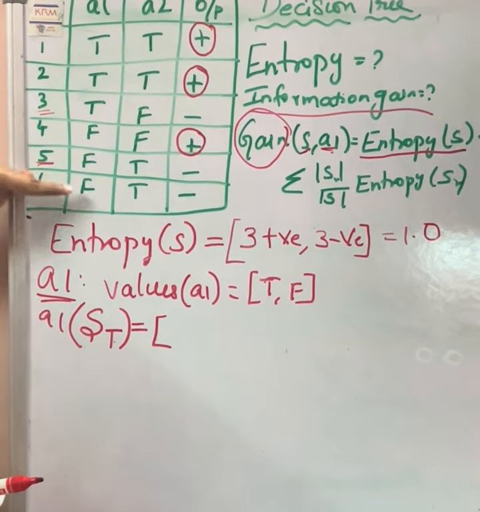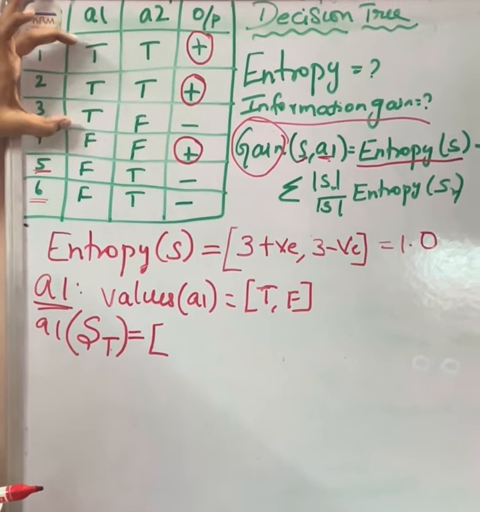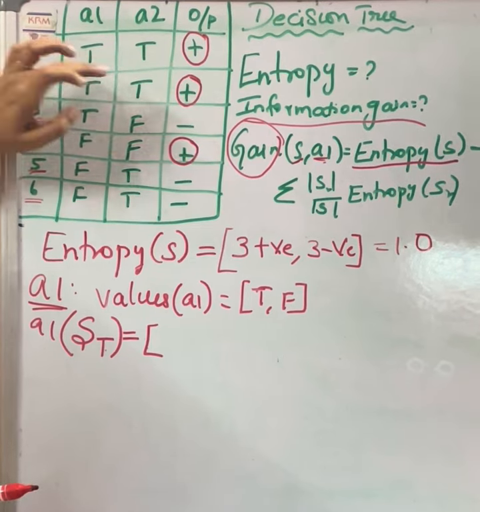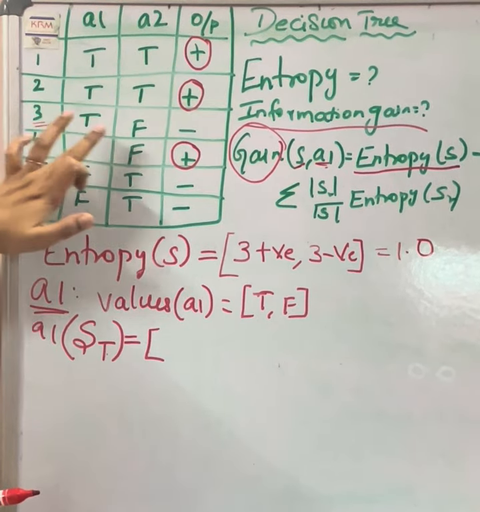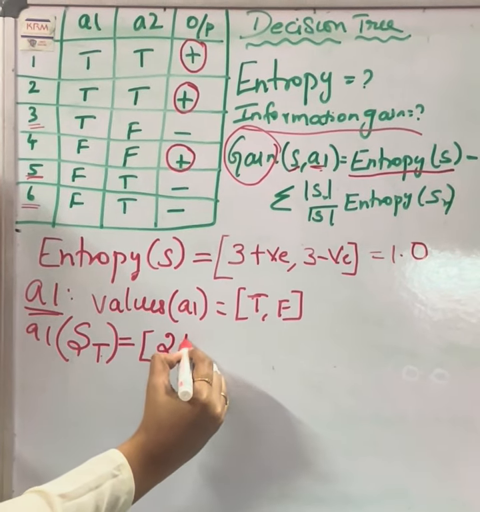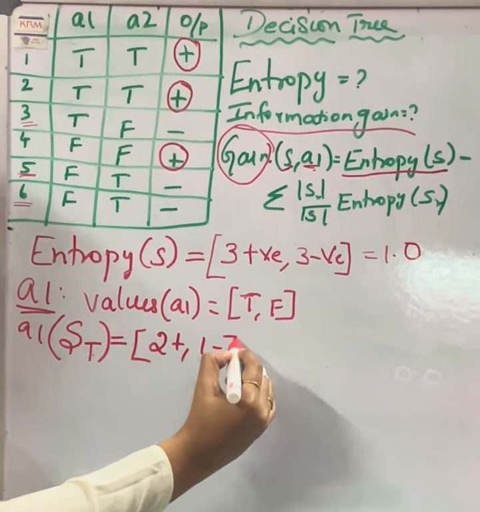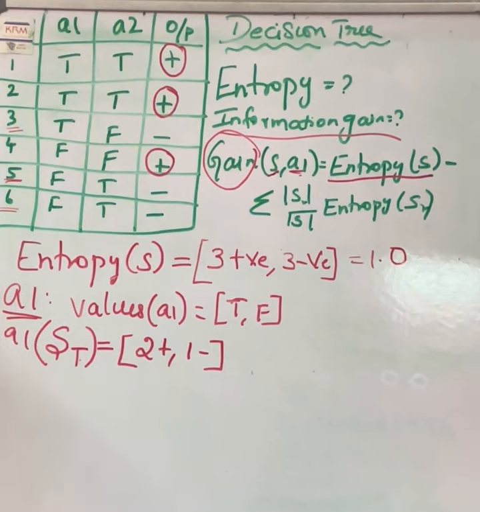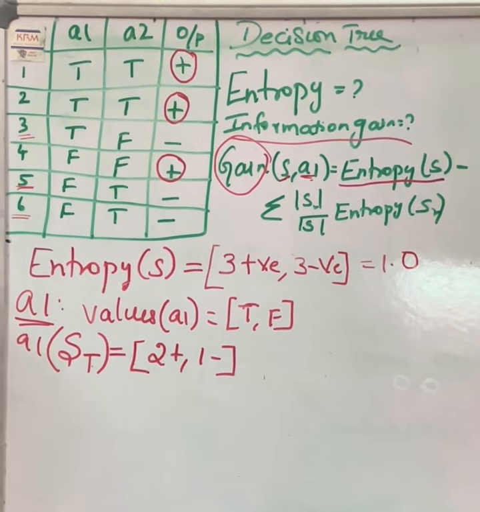All others are false values. So from the three true values in A1, I have two positive contributions and one negative contribution. So let me write this as two positive contributions and one negative contribution with respect to the outcome from A1 attribute.